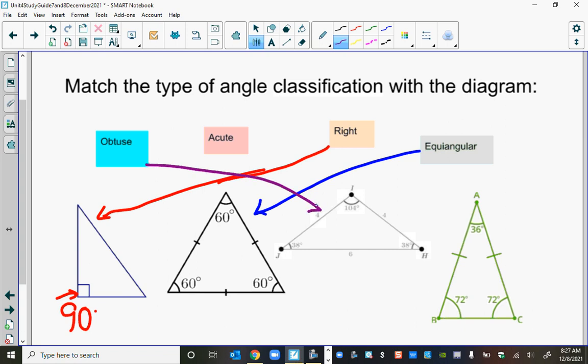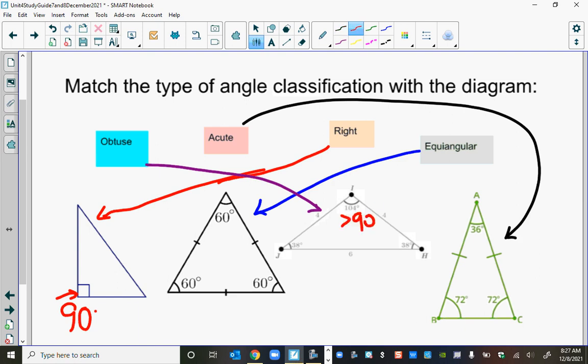And then by process of elimination, all three of these angles are less than 90. But this guy is over 90 degrees. That's why that one's going to be obtuse.